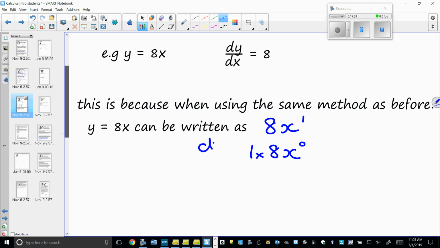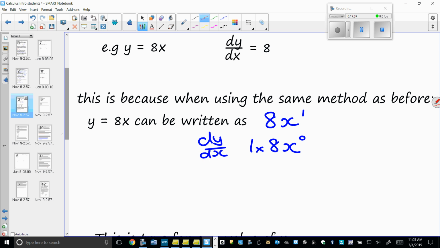So that's dy dx. But what do we know about anything to the power 0? So this is actually going to be just 1 times 8, which is 8.